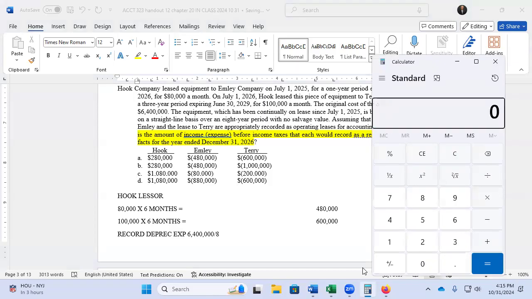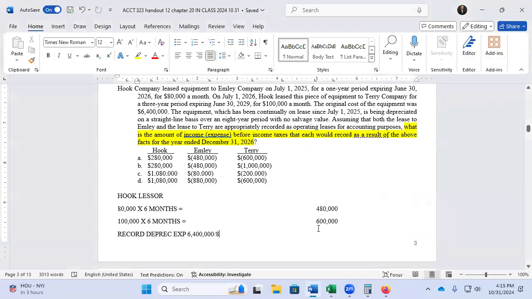So 6,400,000 divided by 8 is 800,000. And so this is an expense, so I'm going to put it in at 800,000.